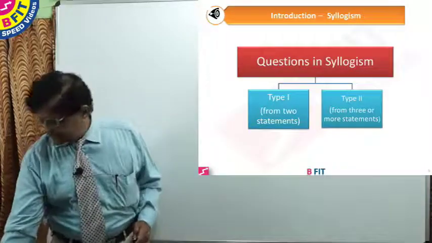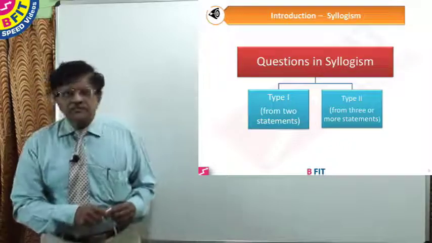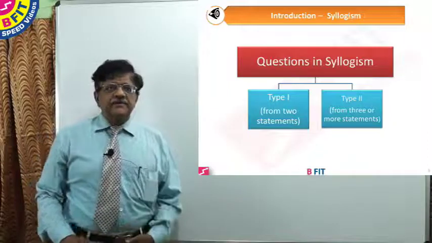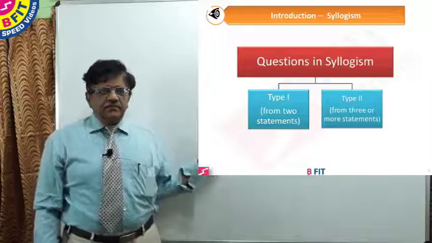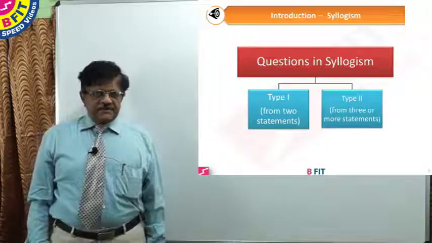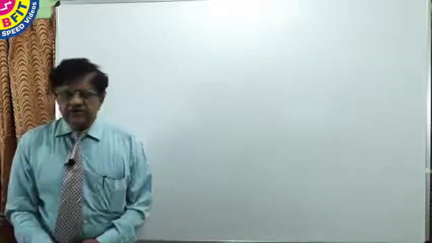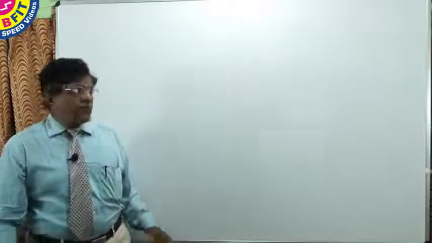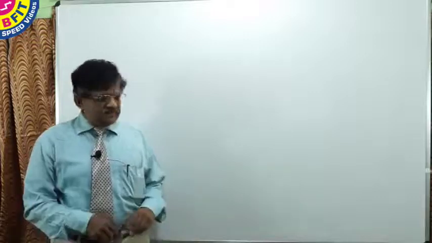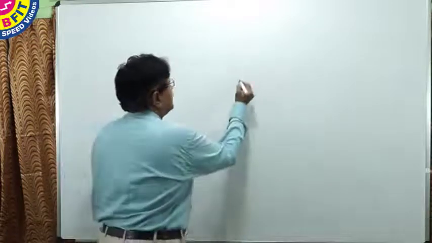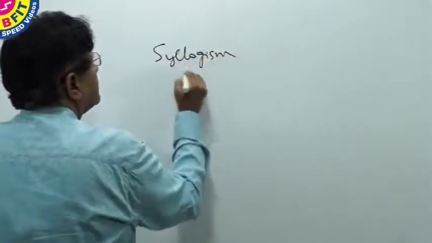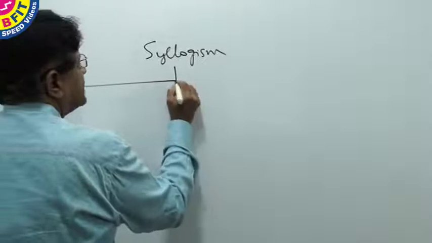Questions on syllogism will come from two types. Type 1 is from 2 statements and type 2 is from 3 statements. Before we go deep into the subject, I want to tell you by which method we are going to solve problems of syllogism. Normally, for solving syllogism, there are three methods.